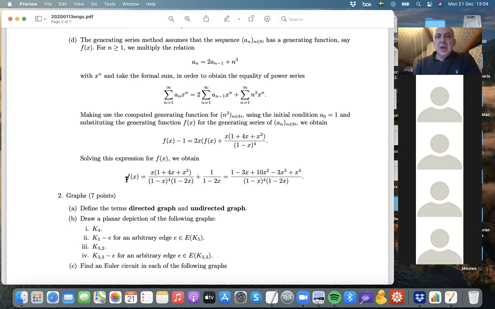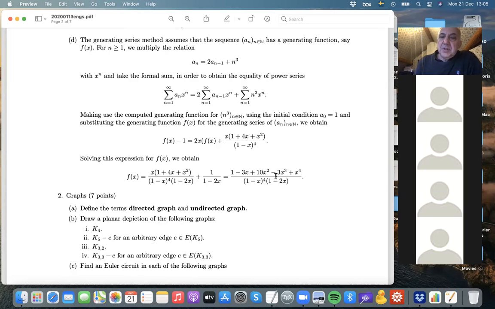So now this would be the generating function for the concrete sequence of numbers we want. And if we want any specific entry, we should expand it in the Taylor series, which is possible here. Each entry here is a geometric progression. 1 divided by 1 minus x would be 1 plus x plus x squared plus x cubed plus and so on.